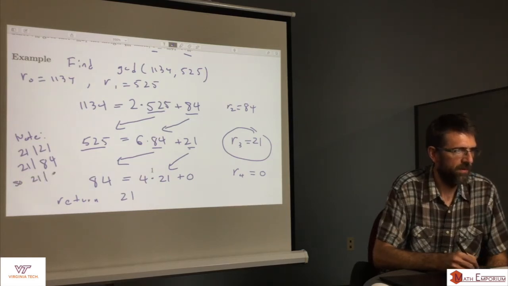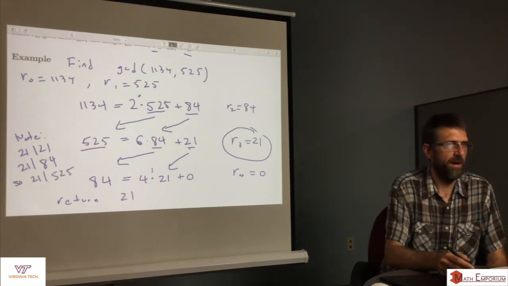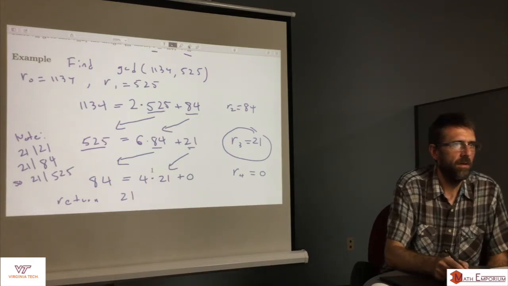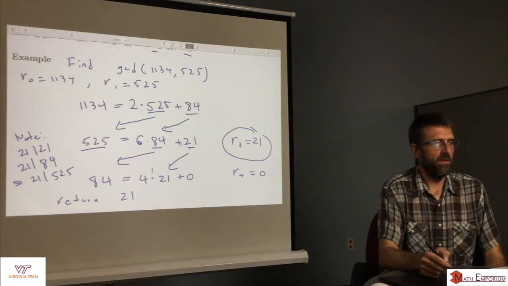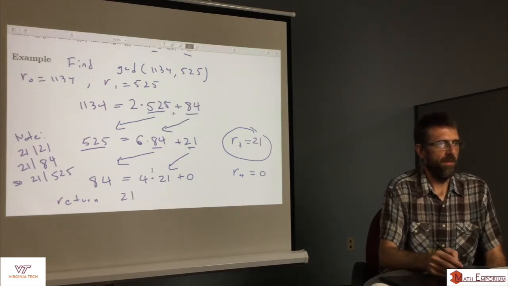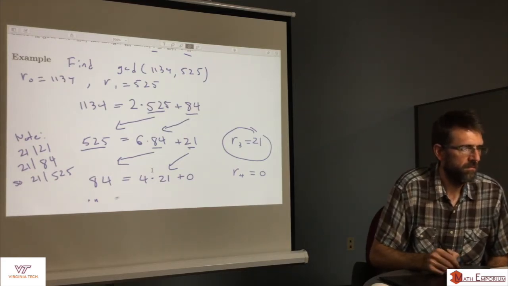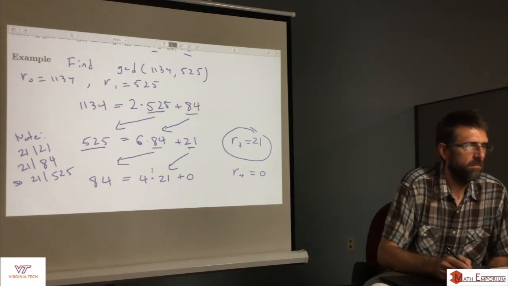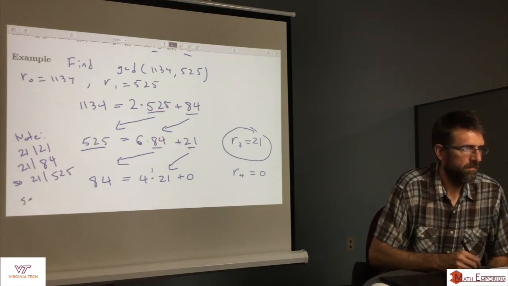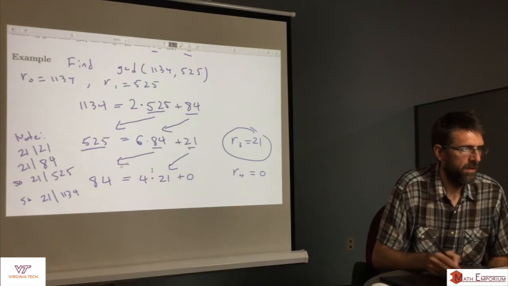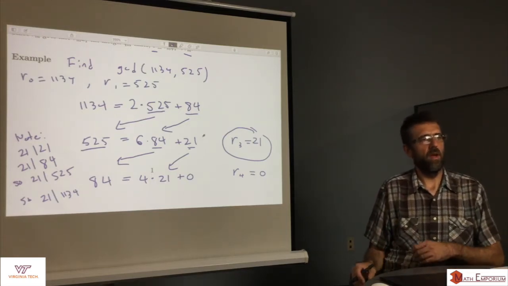So 21 also divides 525. All right, but similarly, now that we know that 21 divides 525 and also divides 84, we can see that 21 divides 1134.